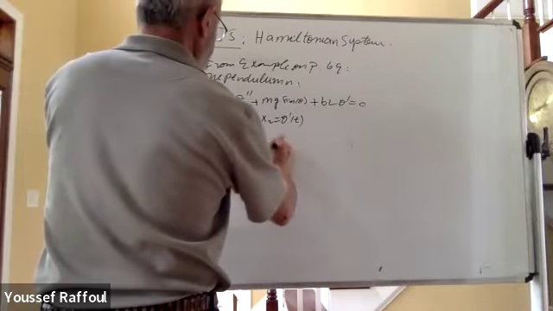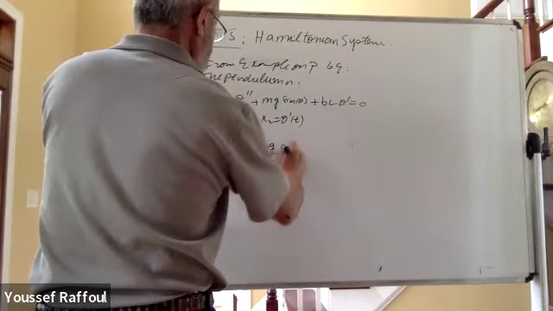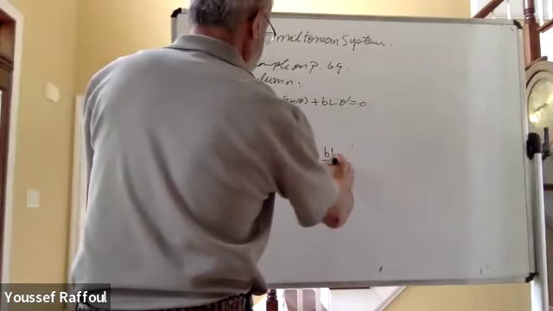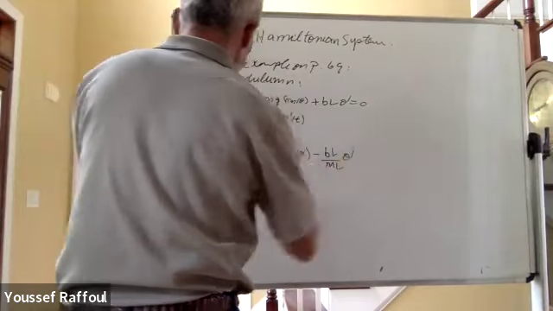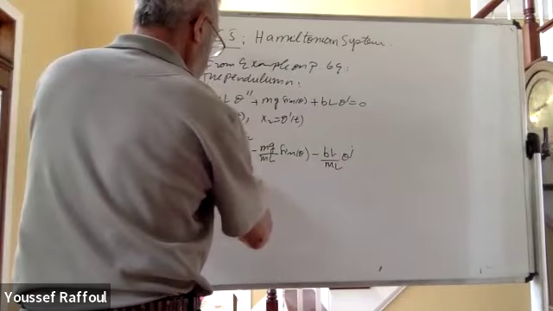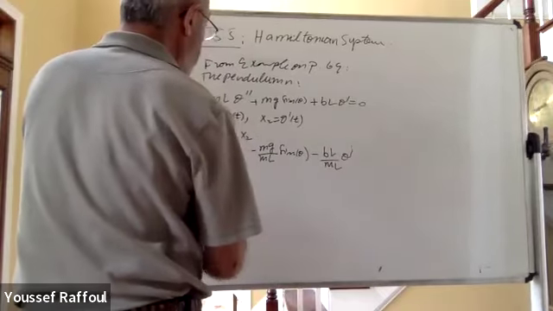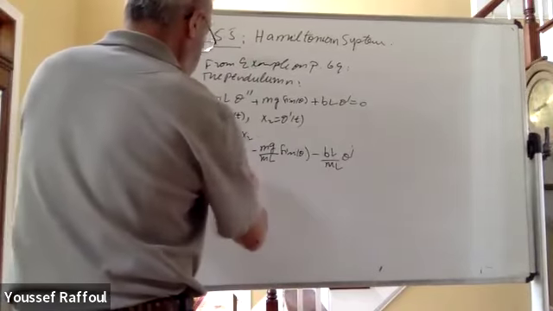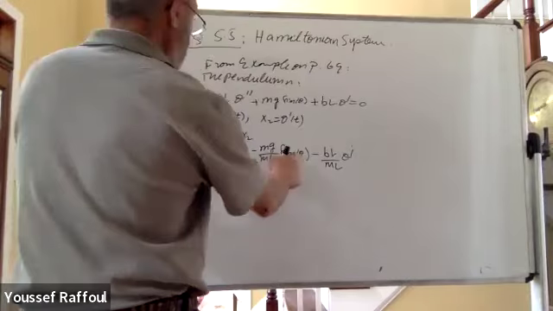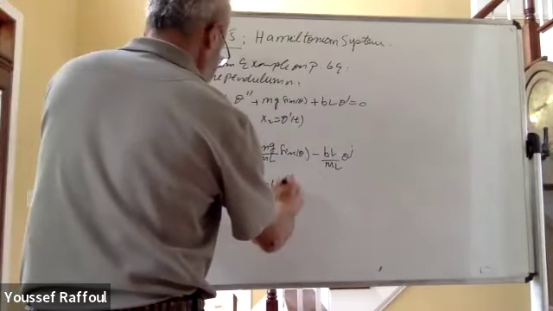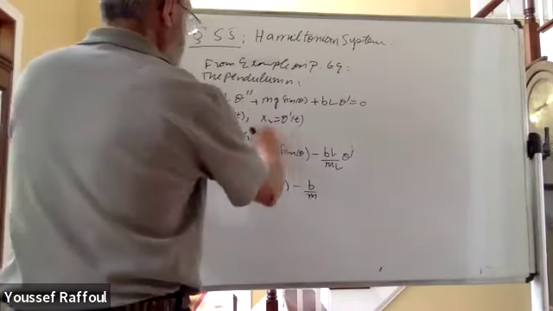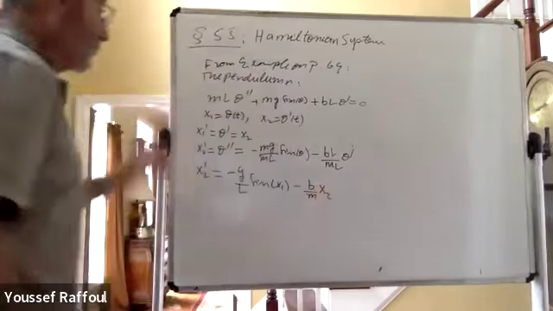That is minus mg over ml sine theta minus bl over ml theta prime, or x2 prime equal minus g over l sine theta, but theta is x1, minus b over m, theta prime is x2.